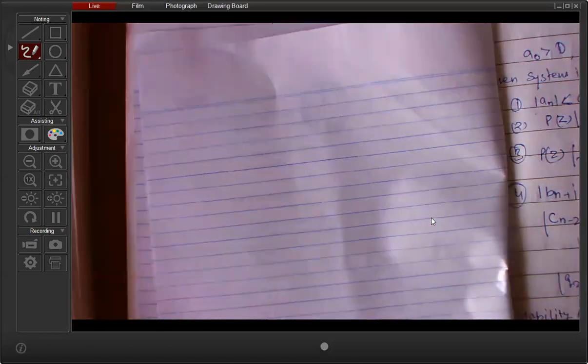First, examine the stability of the following characteristic equation.